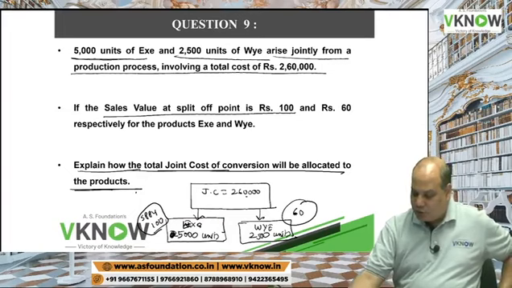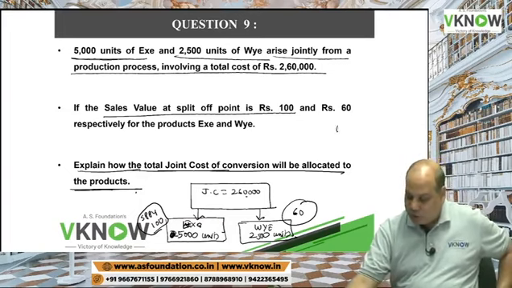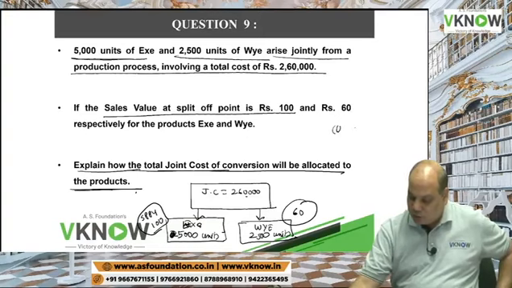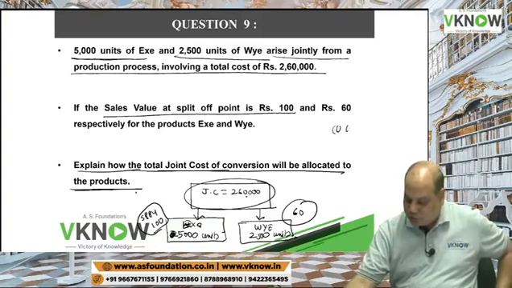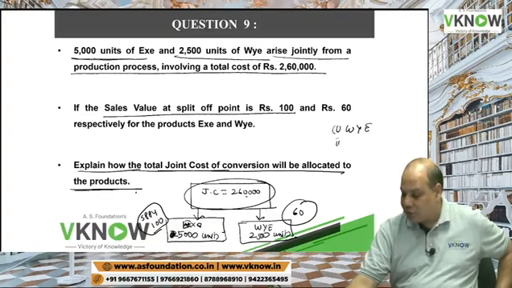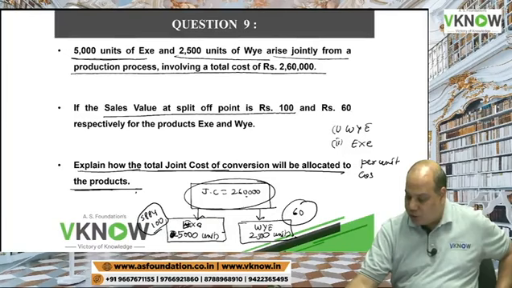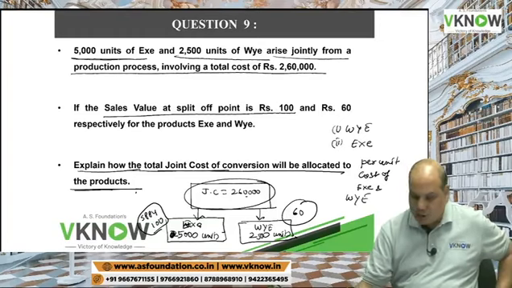So my question to this batch of very talented students is, two things you have to answer me. Out of this 2,60,000, how much will you allocate to X and how much you will allocate to Y, and what will be per unit cost of X and Y?